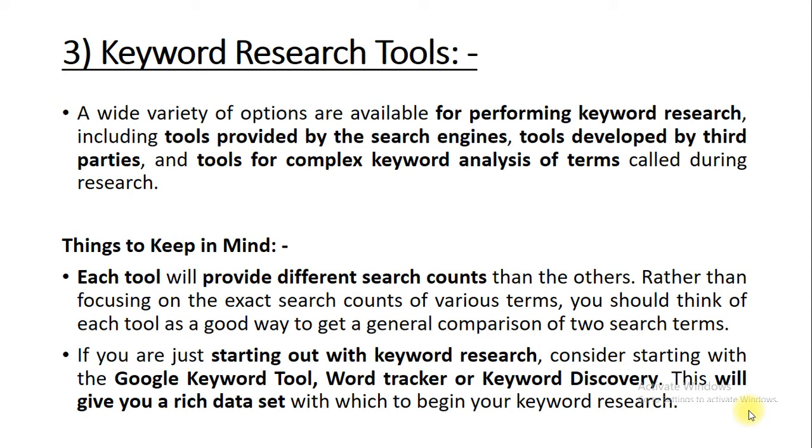Each tool has its own capacity to return search counts, so no need to compare that this particular tool returns this many keywords, but that tool only provides 2 or 3 terms. No need to compare between tools, because each has its own unique features.